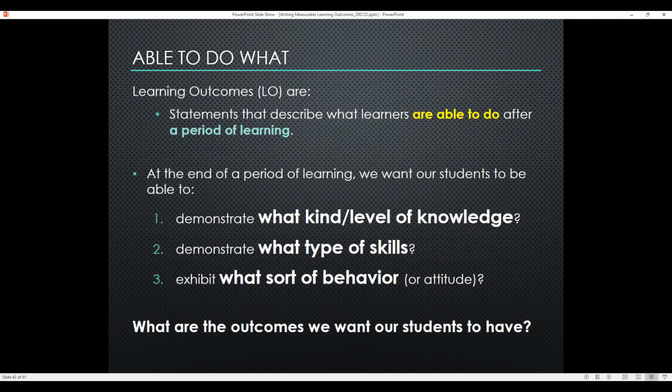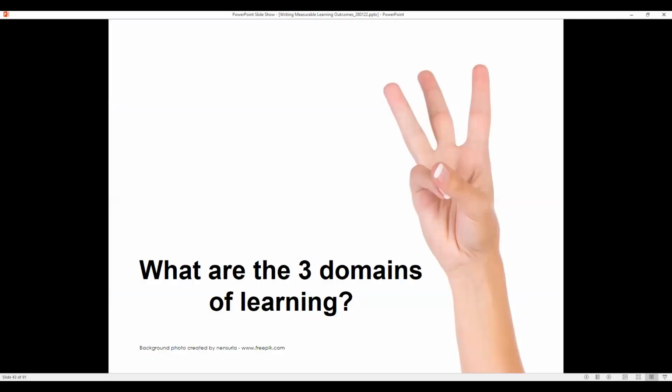Psychomotor. Psychomotor, yeah, very good. And the last one? Behavior, attitude, what is it? Affective. Affective, that's right. Okay, so you have cognitive, psychomotor, and affective. So these are the 3 learning domains.